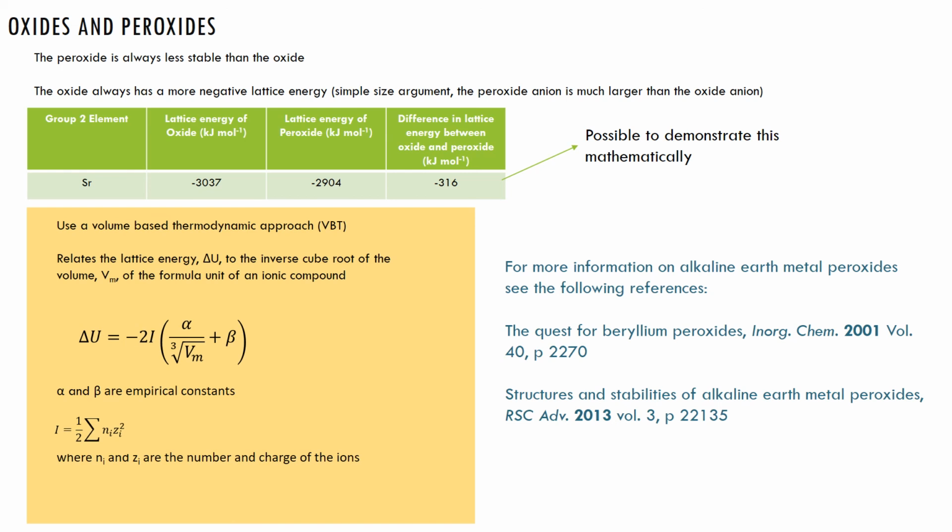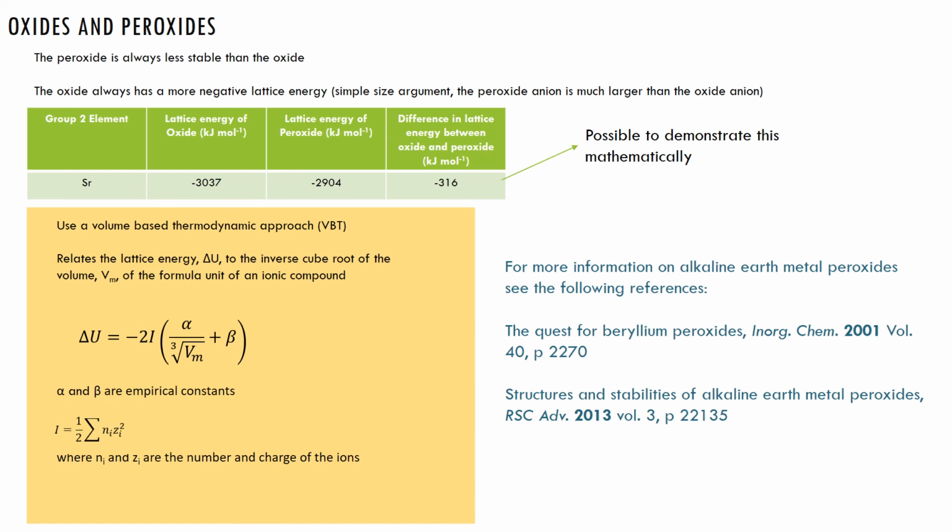The peroxide is always less stable than the oxide, however, and we can see that by comparing the lattice energy of strontium oxide and strontium peroxide, and you'll note that marginally the lattice energy of the strontium oxide is more negative than the lattice energy of the peroxide. And of course, we can demonstrate that mathematically by using something called the volume-based thermodynamic approach.